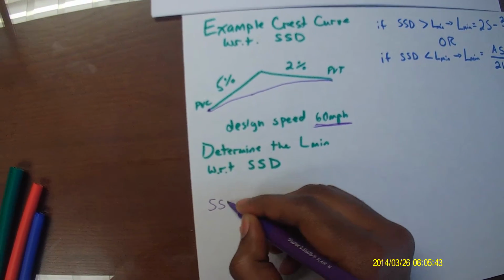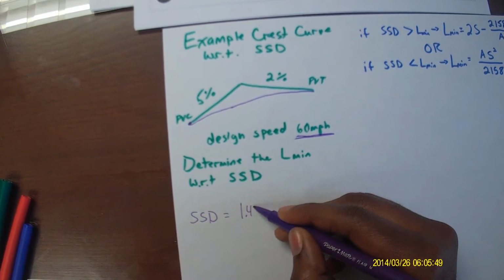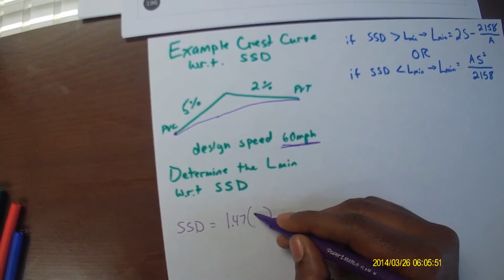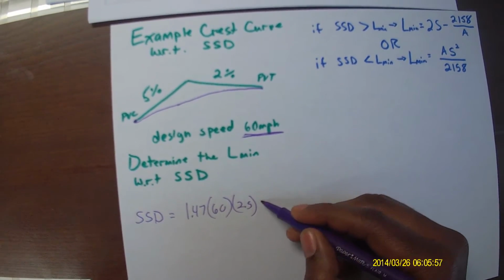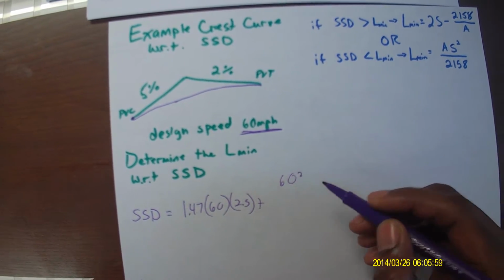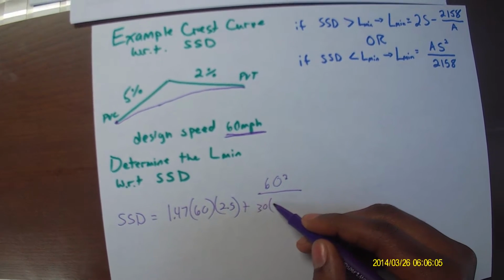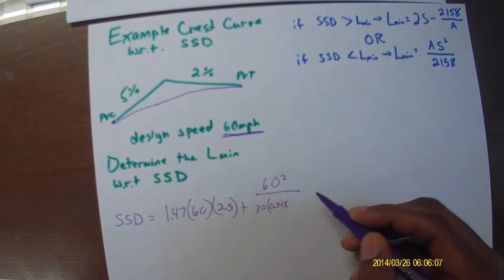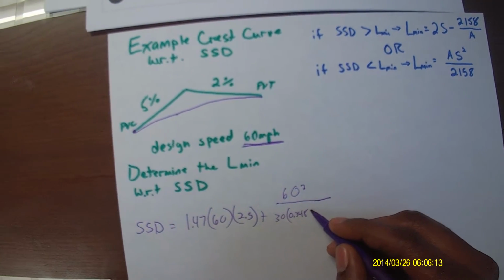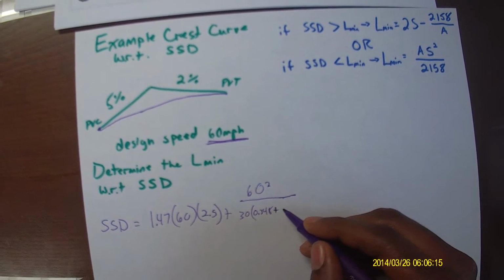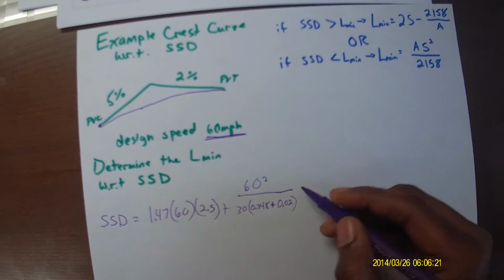Stopping sight distance is going to be equal to 1.47 times 60, that was given, times 2.5, plus your 60 squared divided by 30 times 0.348, and just for the sake of practice and learning, let's do a plus 0.02 to see what we end up with.